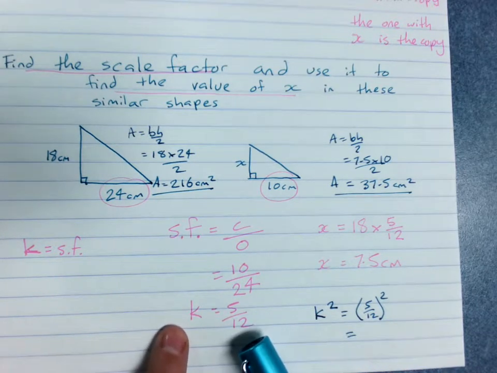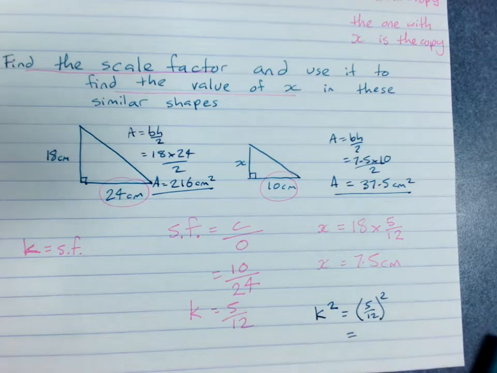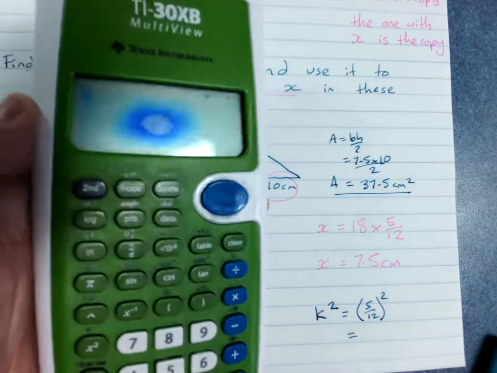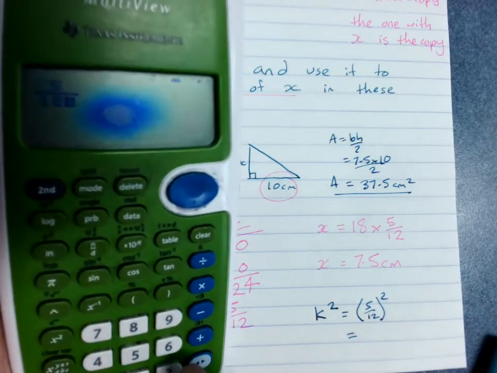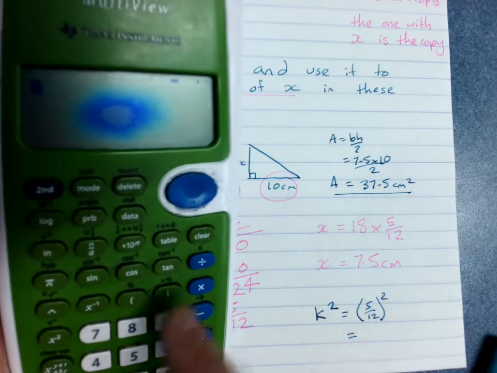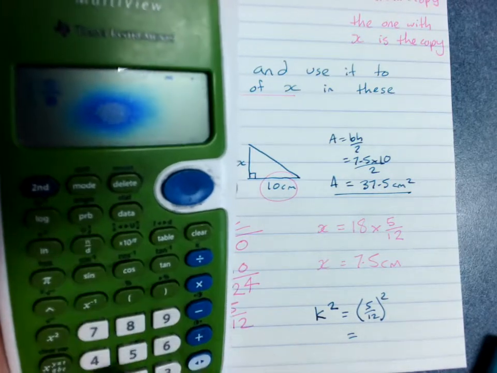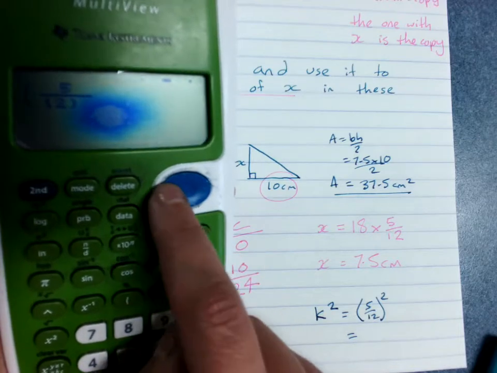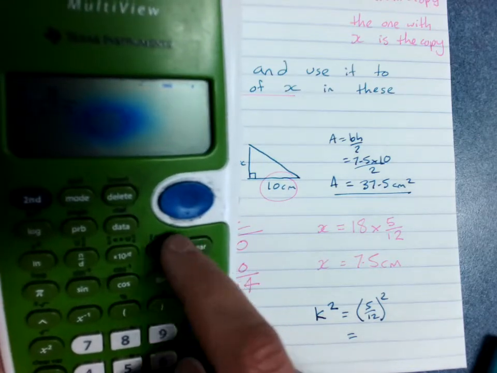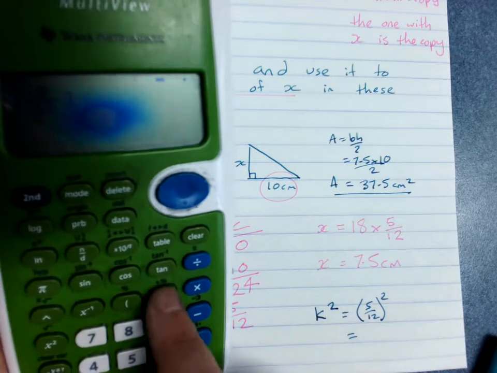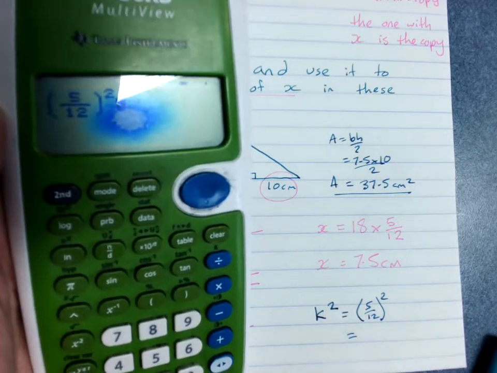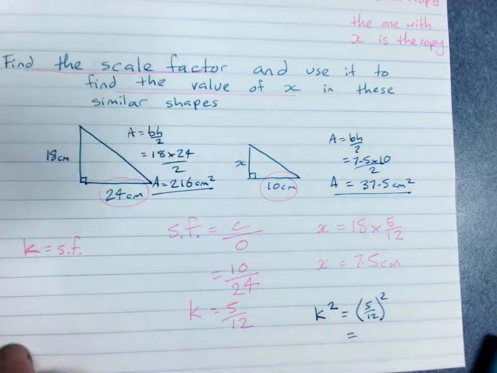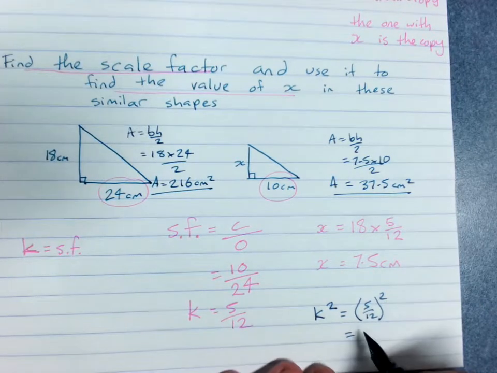So if you've got the length scale factor, just square it. And a little calculator's easier. 5 over 12. Oh, sorry, let's pop that in brackets to square it. 5 over 12. Close your bracket. Sorry about that. And square it. 25 over 144, we could have done that ourselves.